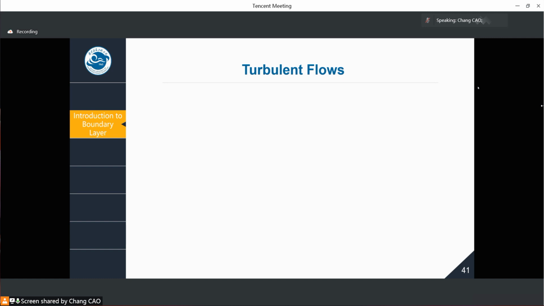In the last class we already talked about a brief history of turbulence. And here we should know that there are two very important persons who have promoted our understanding of turbulence. The first one is Leonardo. From his very brief description of turbulence, we have known some basic characteristics about turbulence.